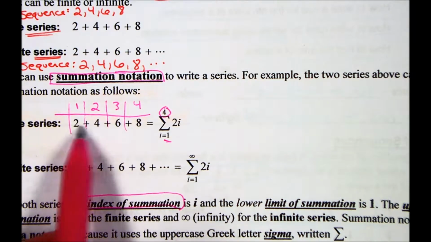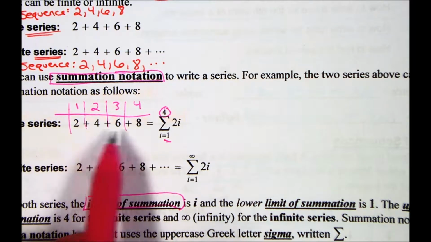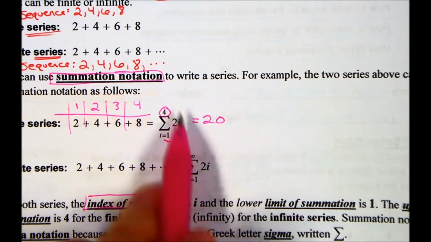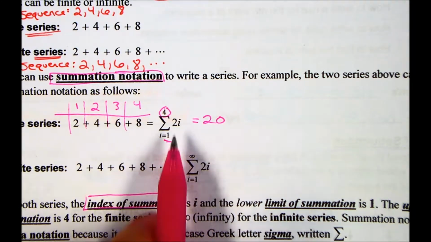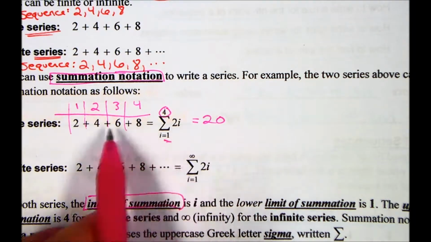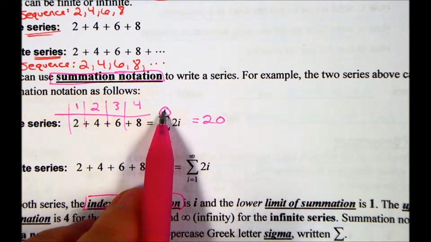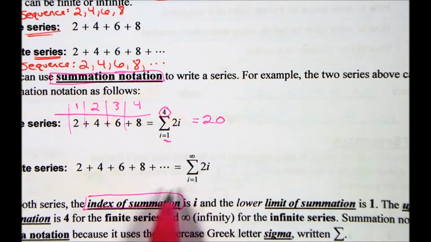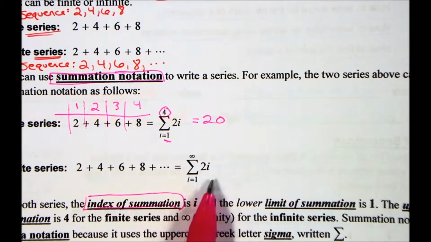So when we add these up, 2 plus 4 plus 6 plus 8, you're going to get a sum of 20. That's how you would figure out the sum. This is the notation you're going to see, but you basically find the first term through the fourth term, add them up, and get 20. Now if it's an infinite series, you obviously cannot keep adding forever and ever. But the way you would write the notation is like this.